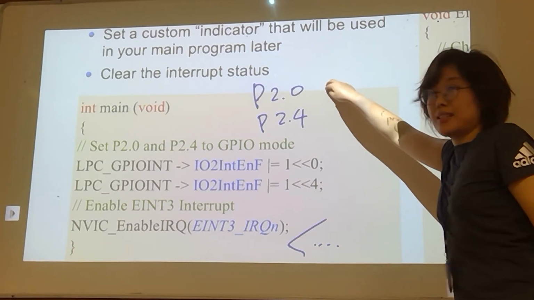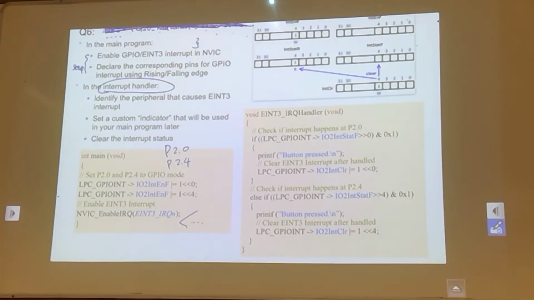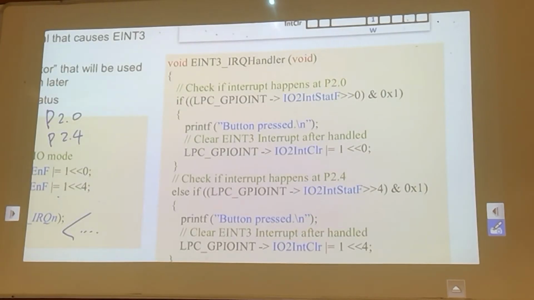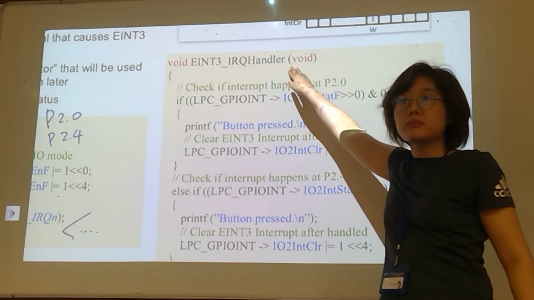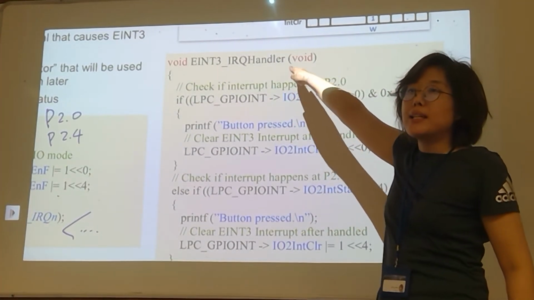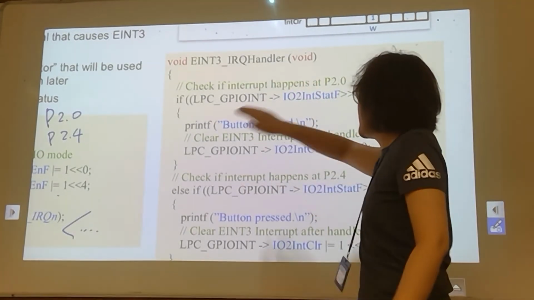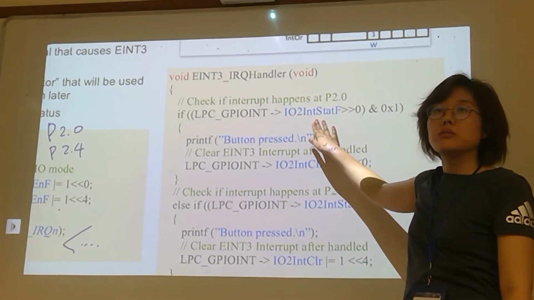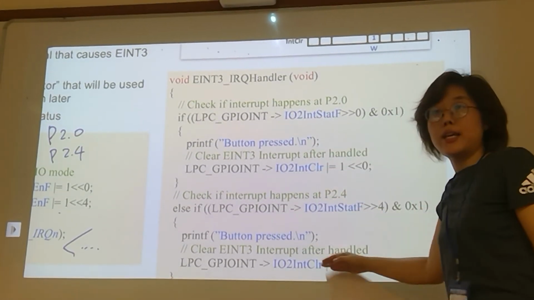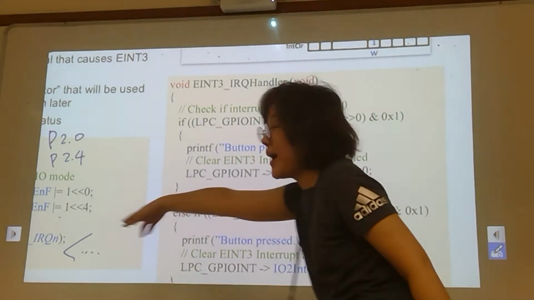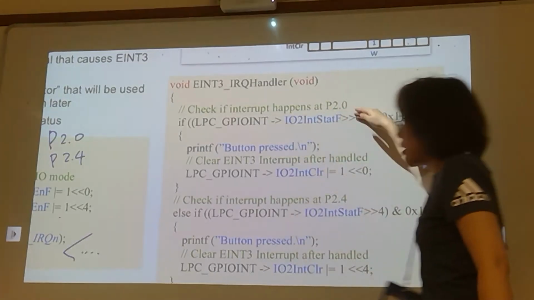Once it realizes some buttons are pressed, it will automatically go here, to the ENT3 IRQ handler. So when any button is pressed, you will jump into your code and execute this. After this, it will go back to the main function, and if you didn't clear your interrupt, it will jump into this again.